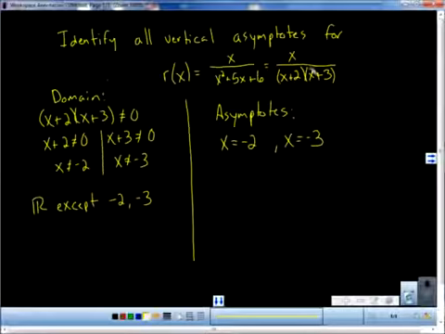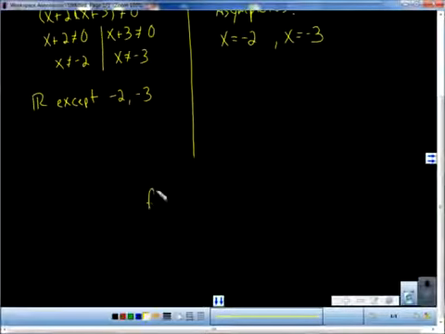Now, a couple seconds ago I said if it's a factor, like if x plus 2 is a factor of the denominator and the numerator, that does not make an asymptote. So let's take an example of where that's the case. So let's say f of x is equal to x times (x plus 2) over (x plus 2) times (x plus 3).